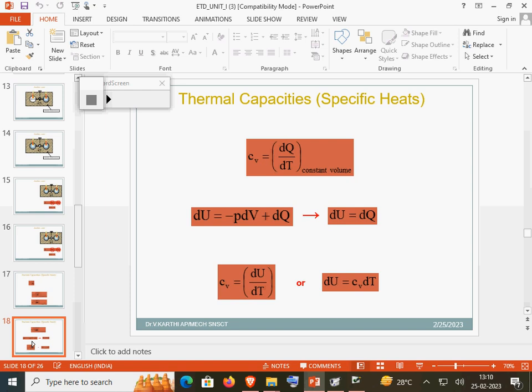Starting with Cv equal to dq by dT at constant volume. If the volume is constant, dV equals 0. We can rewrite the first law: dU equals minus PdV plus dq, so dU equals dq. Substituting into our specific heat equation, Cv equals dU by dT, or dU equals Cv dT.